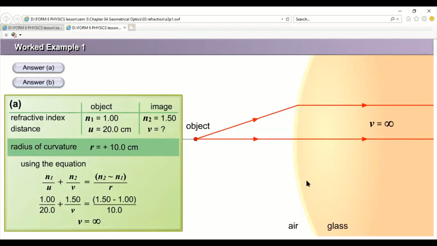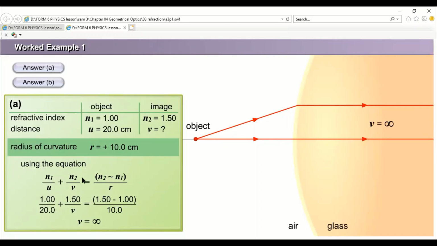Refractive index of glass, n2, is 1.5. What is the image distance, given that the radius of the curved surface is 10 cm?